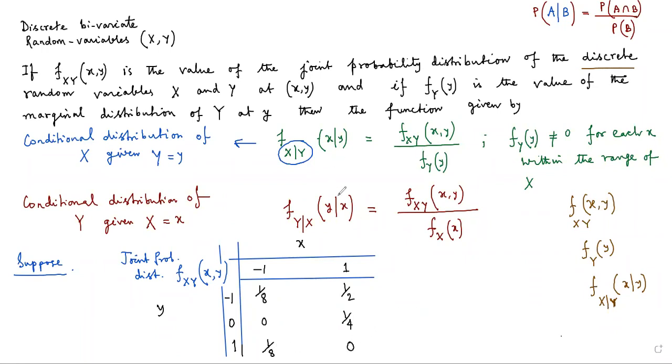I showed you how to calculate the probability by considering a problem of caplets, aspirin and laxative tablet, and painkillers. I considered a problem in my last class. You just go through my video and you will find it out over there. So I told you how to calculate these probabilities. Only thing that you have to keep in mind is that when I'm talking about 1/8, say, this probability is the value of the joint random variable xy at the point -1 and +1.